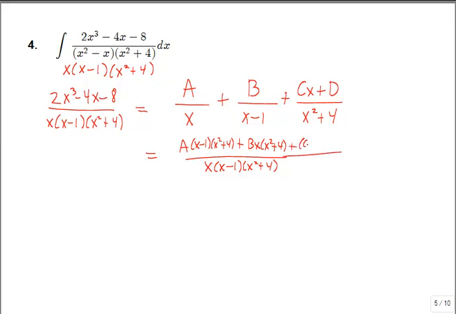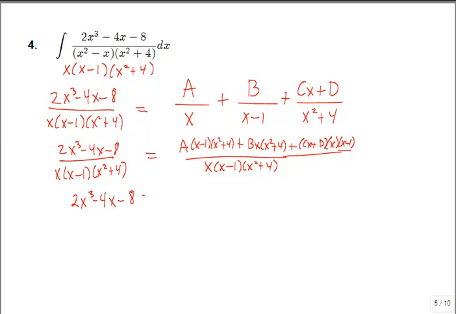And the cx plus d, wrap that in parentheses, it's missing the x and the x minus 1. So the 2 denominators of the left and the right side here are already the same, so the tops must be the same. So what we're going to do here is equate the 2 tops.